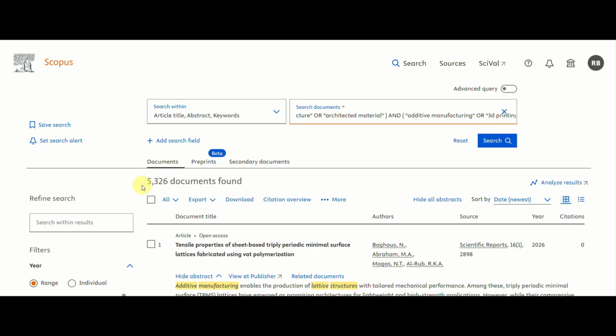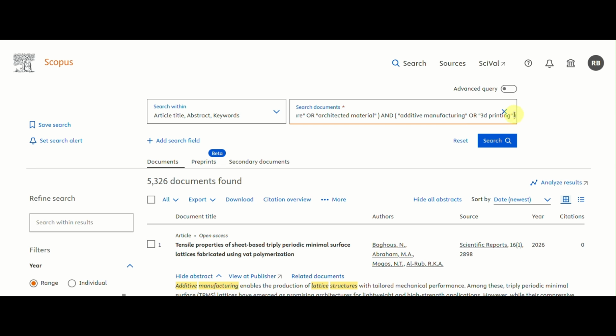Now see, the total number of research articles increased. That is why I'm telling you again and again, we must be careful about selecting the right keywords to get the right research articles.